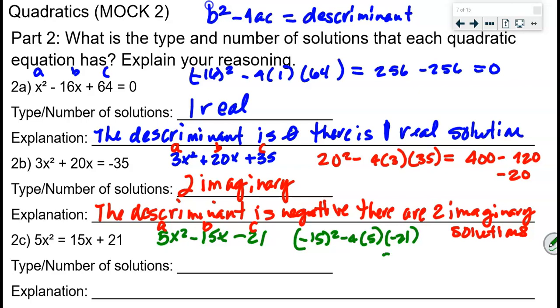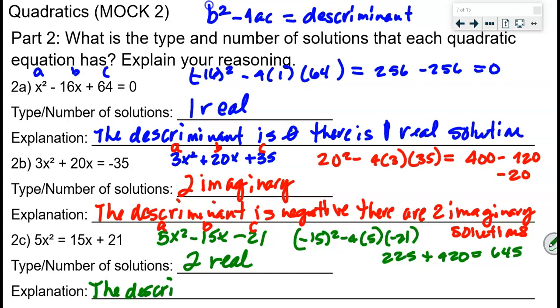This is going to be 225 plus, and it's going to be plus because we're multiplying a negative times a negative, and that's going to be 420. So this is actually going to be a really big positive number, 645. So this is going to give us two real solutions because it's positive, right? So the discriminant here, that's supposed to be an A, y'all, is positive.